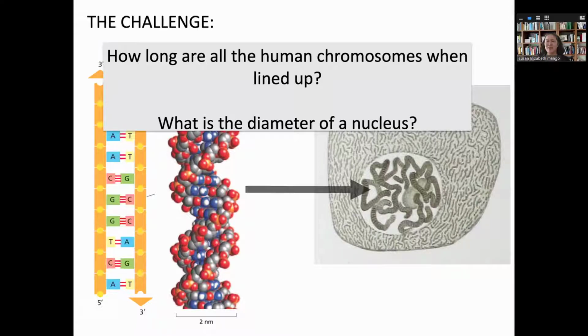And what about the diameter of a nucleus? All that DNA has to fit in a nucleus. What's the diameter of a nucleus in a human cell? Maybe 20 to 50 nanometers. It's about 10 microns.